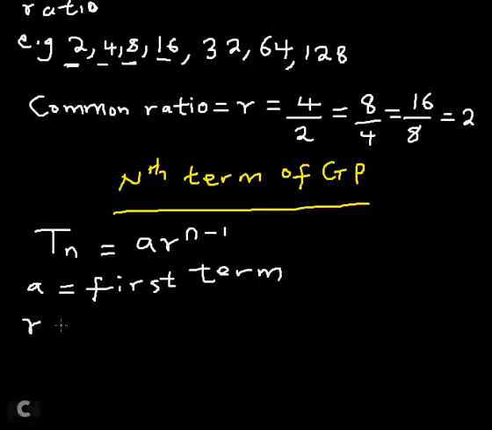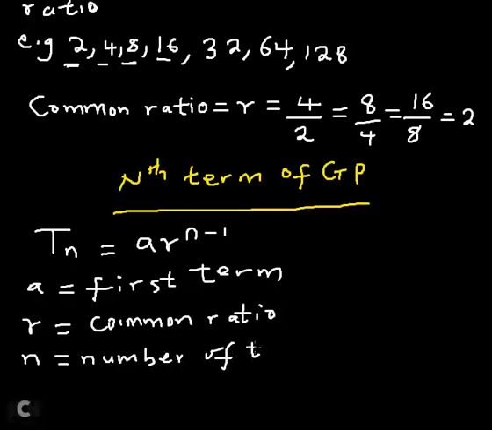The R, you know what that is already: that's the common ratio. And the n, of course, is the number of the term you're looking for.